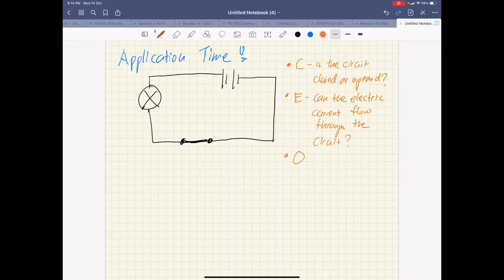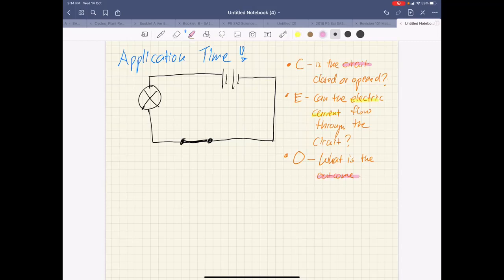Last one, O. What is the outcome? So let's go ahead and unpack this framework for answering questions related to a circuit. C stands for circuit, E stands for electric current, and O stands for outcome.